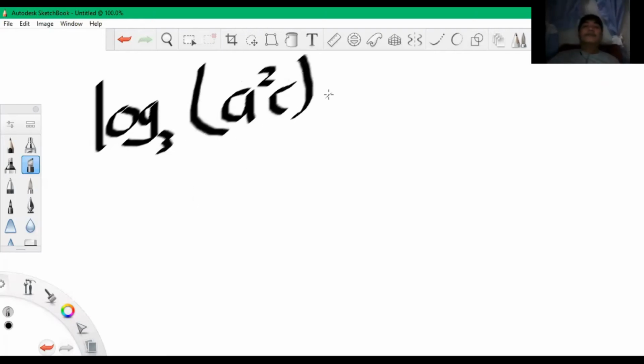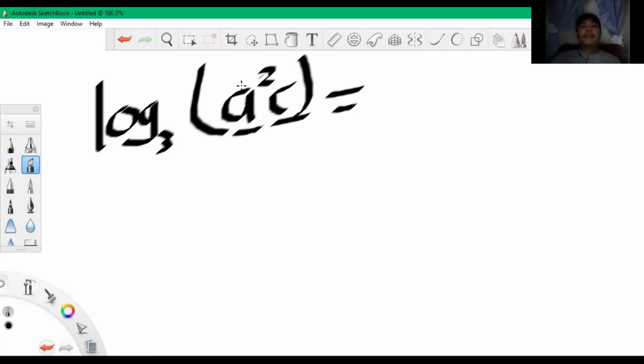When we expand this, kailangan alamin natin ano-ano yung mga rules na pwede natin i-apply. So, first, identify muna natin ilan yung mga factors natin. Since magkakatabi to, wala tayong fraction. So, we have factors. So, we have a squared and c.